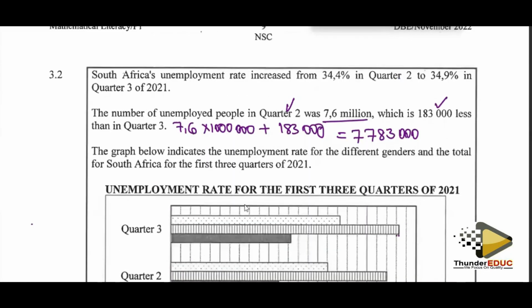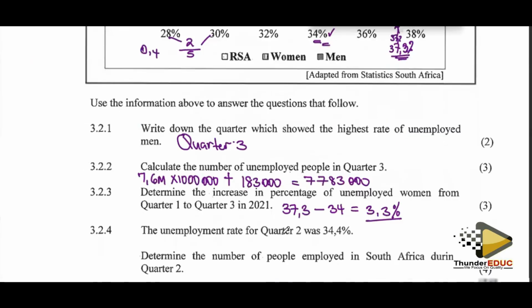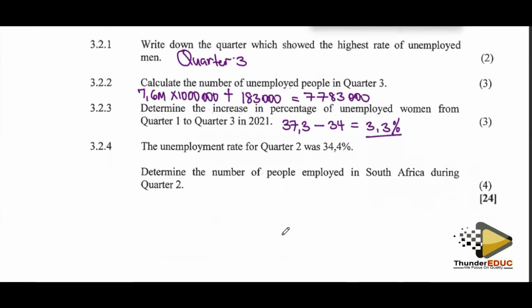They told us the unemployed people in the second quarter is 7.5 million. And that means the 7.5 million is 34%.